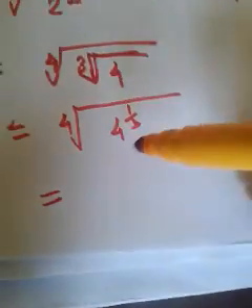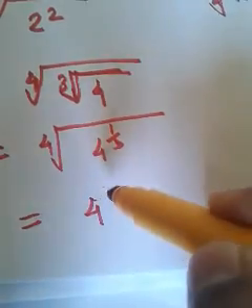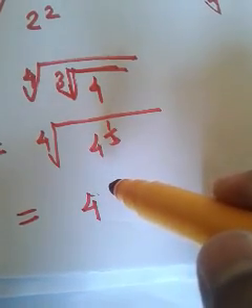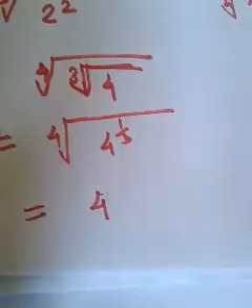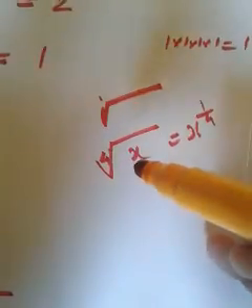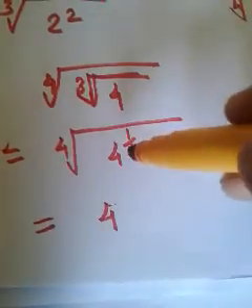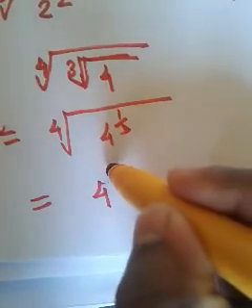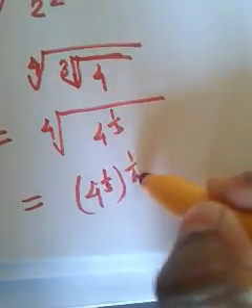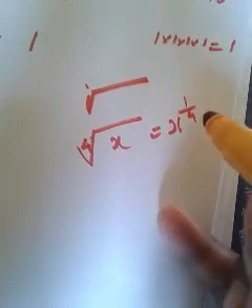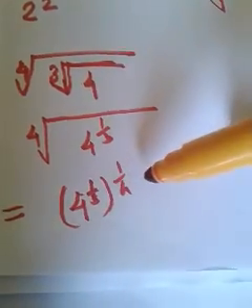Just like that, the fourth root of 4 raised to 1 by 3 we can write as 4 raised to 1 by 3, the inside part as it is, raised to 1 by 4. Why? Because we wrote the fourth root of x as x raised to 1 by 4. So the fourth root of something is that something raised to 1 by 4.